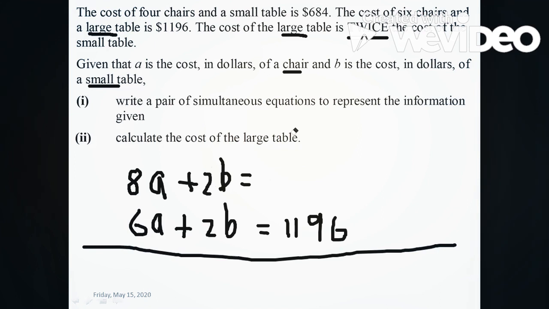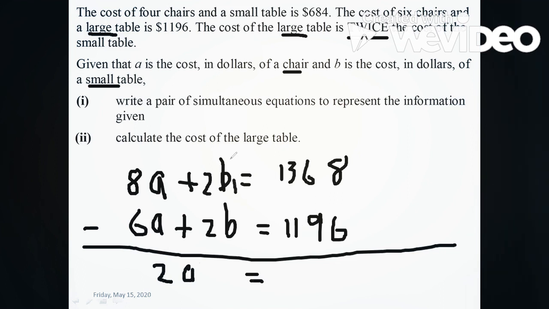I was just talking to myself a while ago. So this is 1368. Now equation 2 remains intact. I didn't trouble it. Signs are the same, so we're going to subtract. 2b from 2b will give us 0. 6a from 8a will give us 2a.